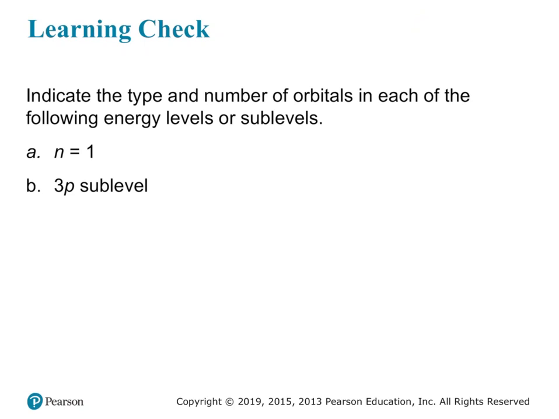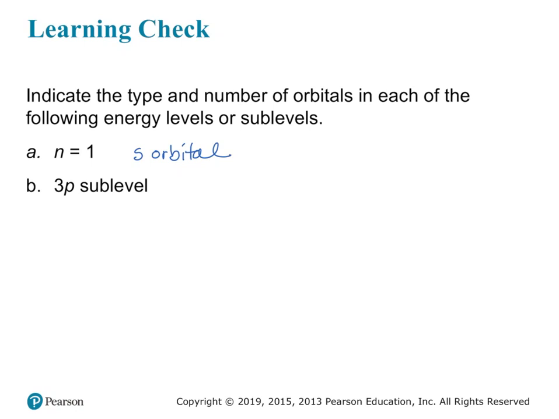Do we have s, p, d, f orbitals? What type of orbital? S. So remember, energy level 1 only has one sublevel, and that's the s sublevel. And s sublevels only have one orbital, so that is the s orbital.